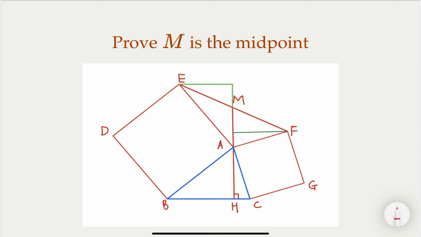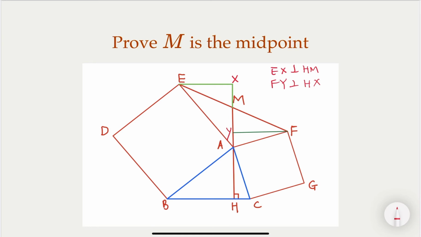Let's call this X and this Y. So I'm going to have EX perpendicular to this line HM, and FY perpendicular to this line HX. Of course, in that case, they're parallel.